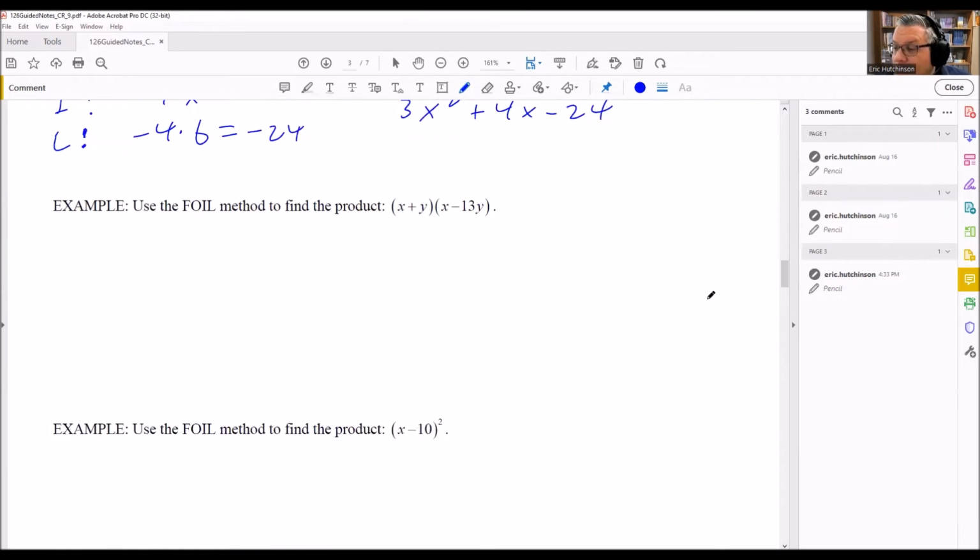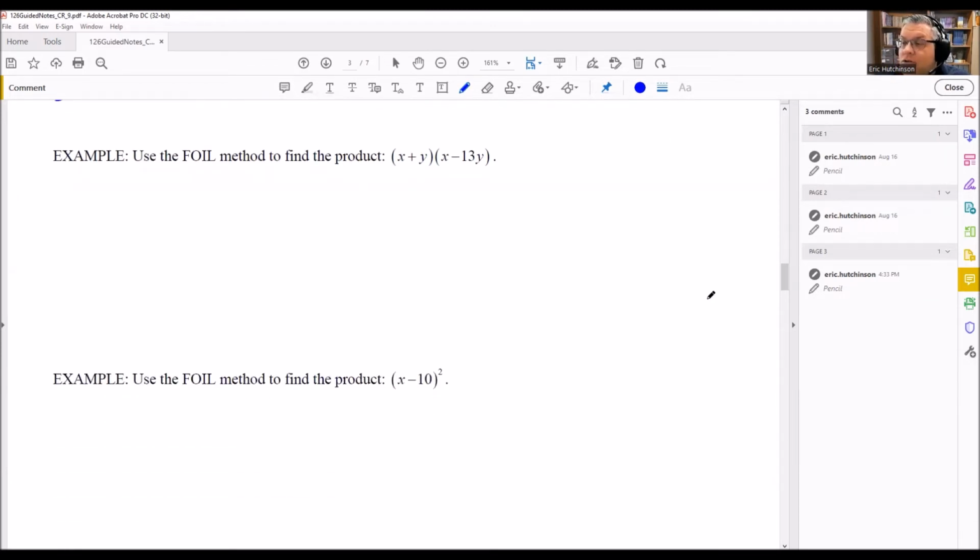So what happens if we have different letters like this? Well, the process is still the same. We're still going to use the FOIL method. So we have first, which is going to be x times x is going to be x squared. So that's the same as before. Next, we're going to do the outer terms. X times -13.